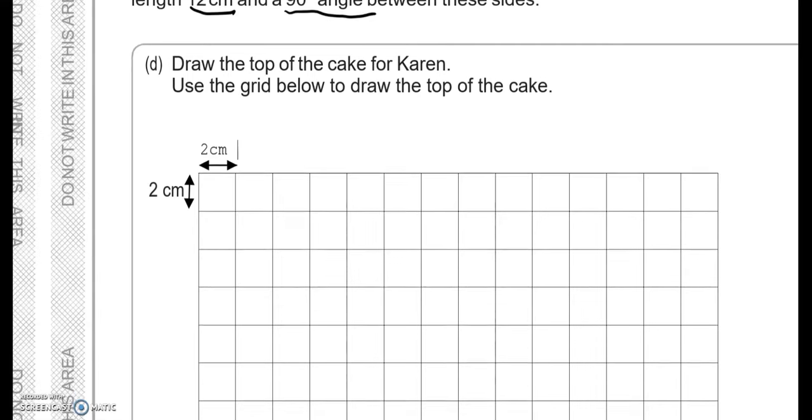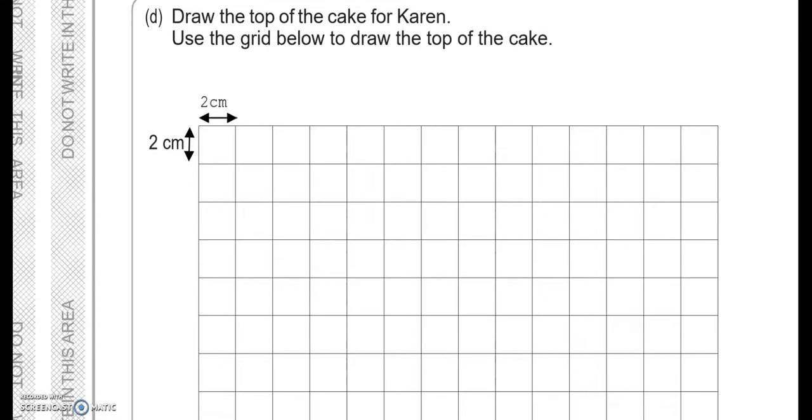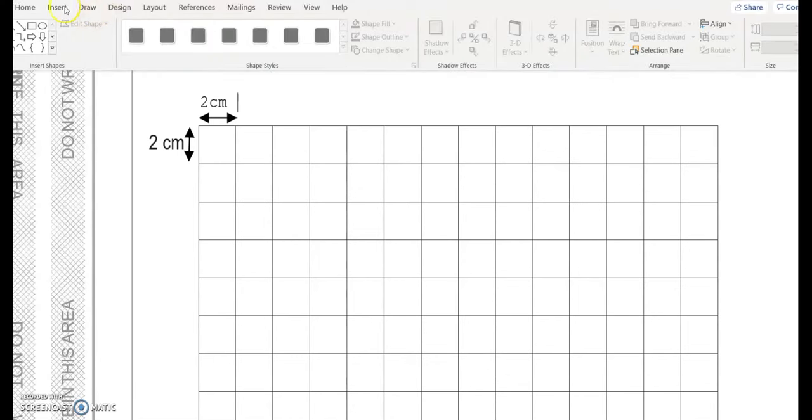So we're going to draw a triangle. So we're going to represent the 12 centimeter side through 6 squares and the 10 centimeter side through 5 squares.